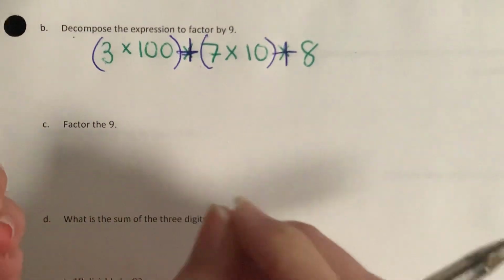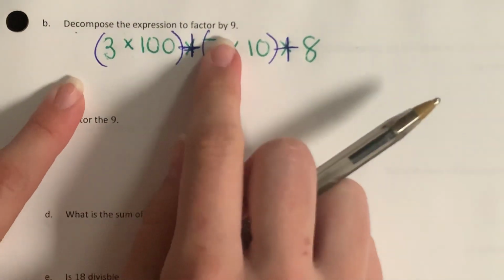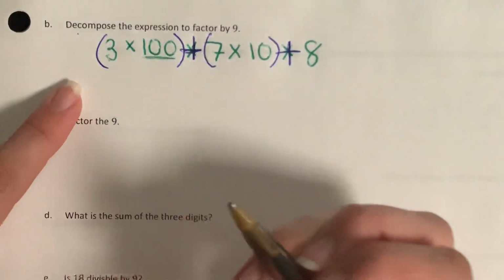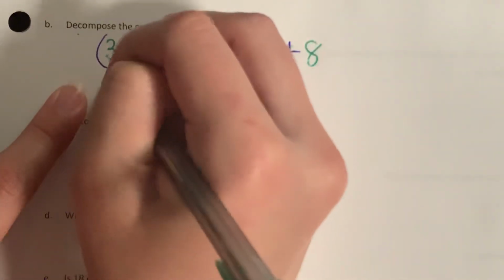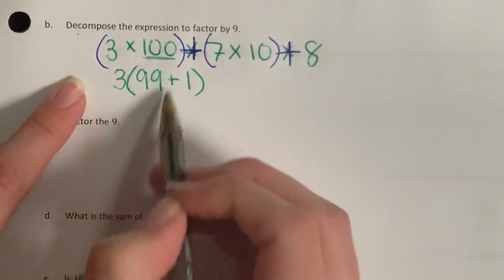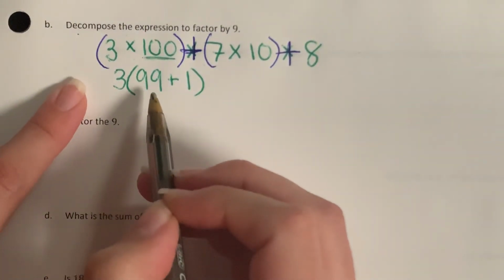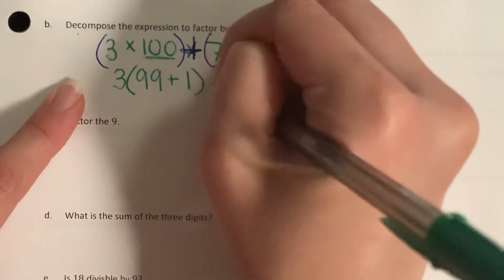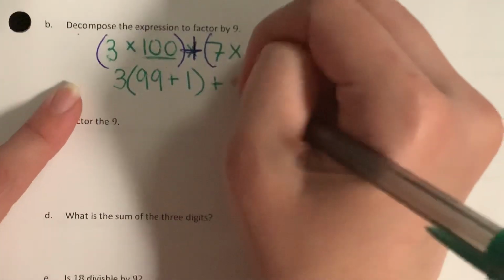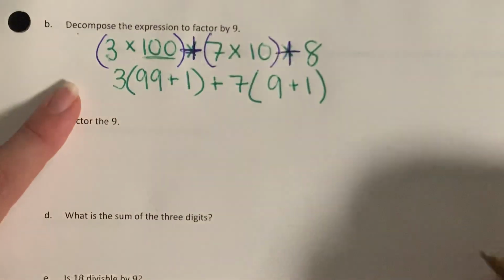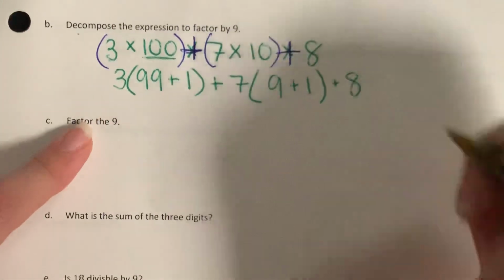That means break it apart, take it apart, so that we have factors by 9. So 100 is not really factorable by 9. We can do 3 times 99 plus 1. 99 divided by 9 works. So they want us to decompose this so that we have numbers that are easier to work with when it comes to the number 9. I can do 7 times 9 plus 1. And I'm just going to leave our friend 8 at the end there.